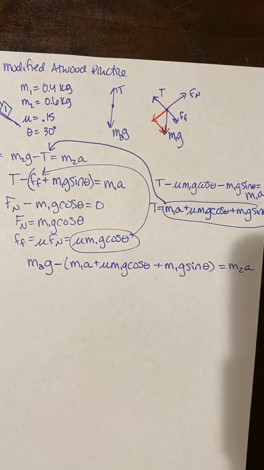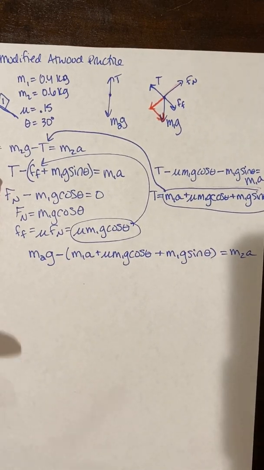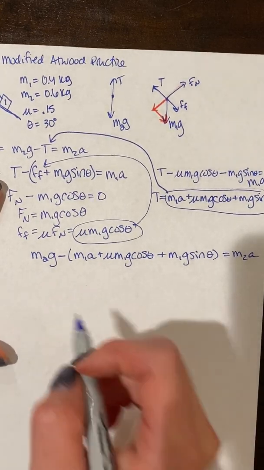That's a long one. All right, we need acceleration by itself. We have all the other variables. You're welcome to plug in your numbers as they are right now. I'm going to rearrange to solve for a just because I like to have what I'm looking for isolated. I'm going to distribute the negative and do a few more functions at one time.